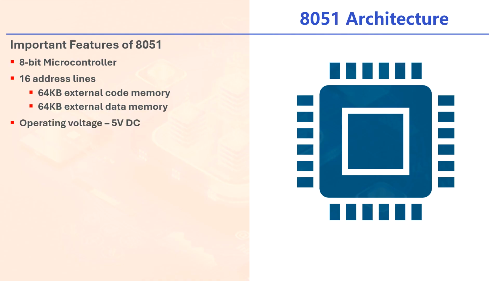The operating voltage required for 8051 microcontroller is 5 volts DC, and the clock frequency is 1 megahertz to 40 megahertz. In some special applications for serial communication, we'll use this odd frequency, that is 11.0592 megahertz.